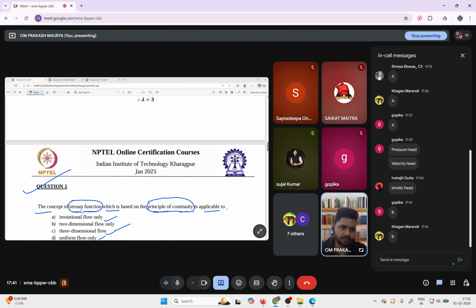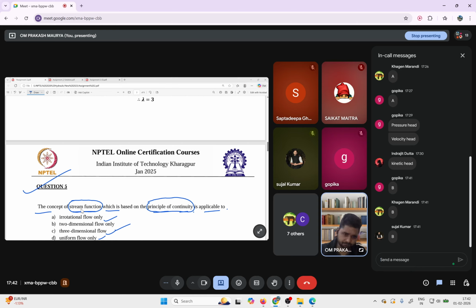Option B, okay? Gopika is telling option B. Sujal is also telling option B. Okay, fine. Other students can also attempt. Okay, no issue, we'll move on to the next question.